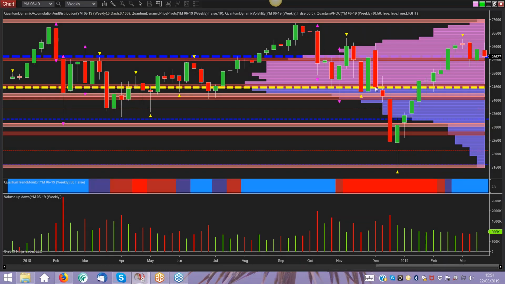And up onto the YM in terms of the weekly, a slightly different chart. That's partly because the Dow has been reacting more significantly to other factors, more particularly the tragic Boeing events, which have had a huge impact on that particular index.